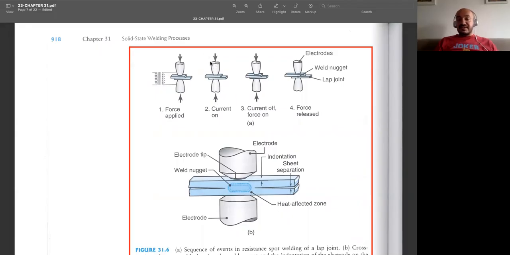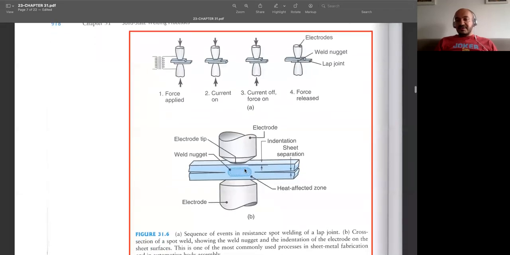While the current is moving, we will be generating heat, since we have resistance between the electrodes, between the workpiece, between the interface. And as you know, with the help of heat, the temperatures will be increased, and we will be easing the diffusion process, and we will have a kind of solid state bond between the products. This weld zone is called simply the weld nugget.